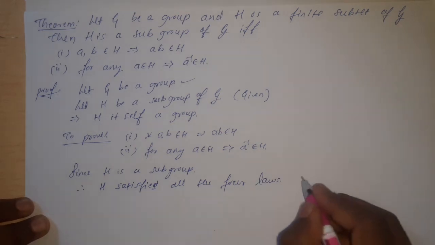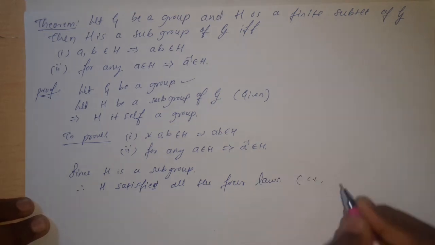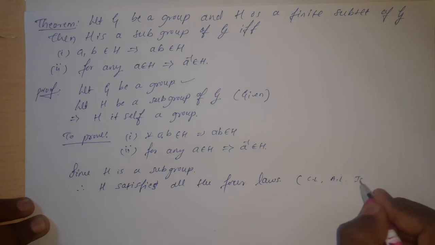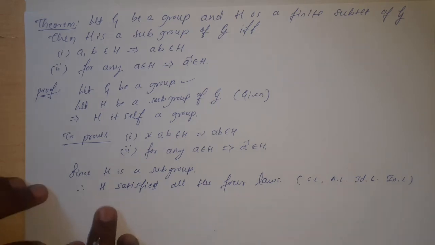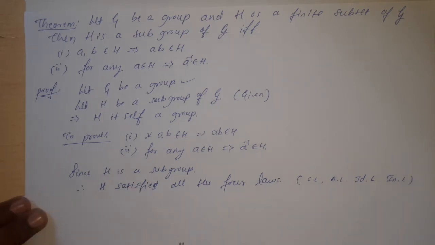They are, as we already know, closure law, associative law, identity law and inverse law. So these 4 laws are satisfied by H. So that's why it is a subgroup.